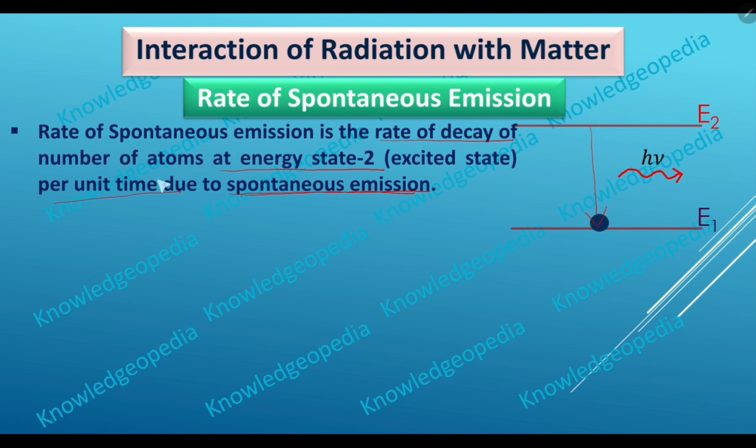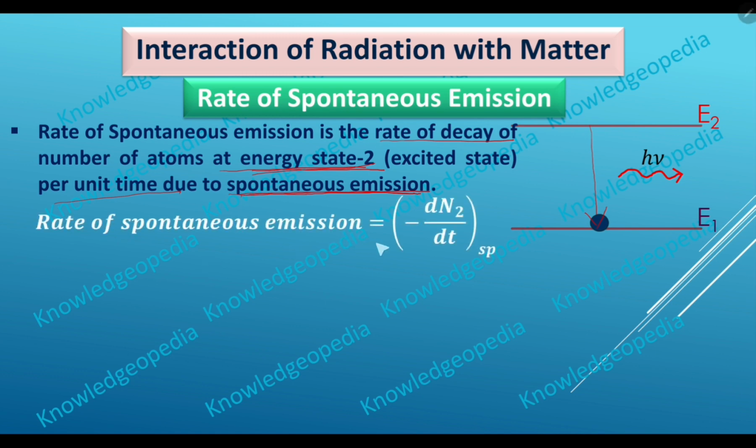So the rate of spontaneous emission is equal to minus dN2 by dt, due to spontaneous emission. Here also this minus sign indicates that there is decay of atoms with respect to time.